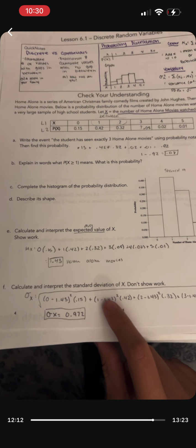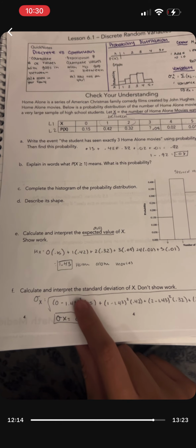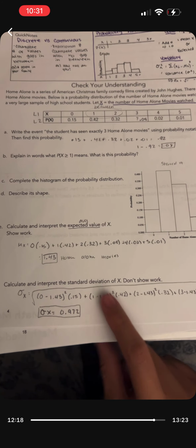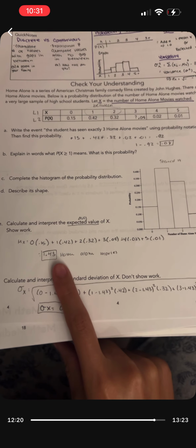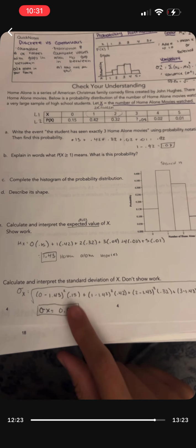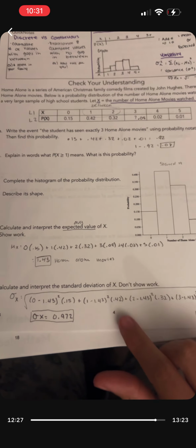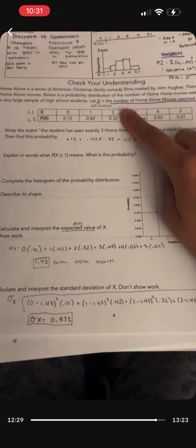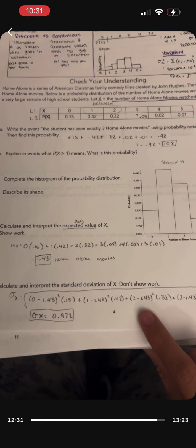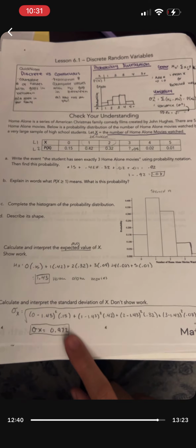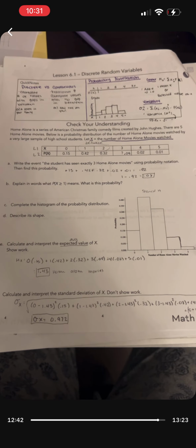You do 1.43 every single time. And I forgot to say, you do it squared too. So you're going to do 1 minus 1.43 squared times 0.42 plus 2 minus 1.43 squared times 0.32, and you're going to do that all, and then you square root everything, and you get that. But there's also a way to put it in the calculator, and I'll show you guys.